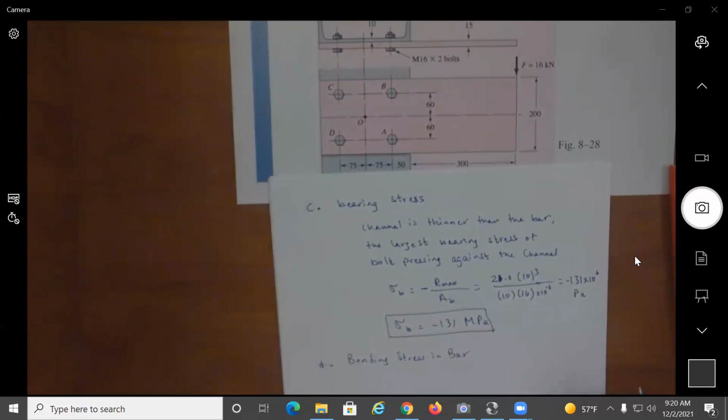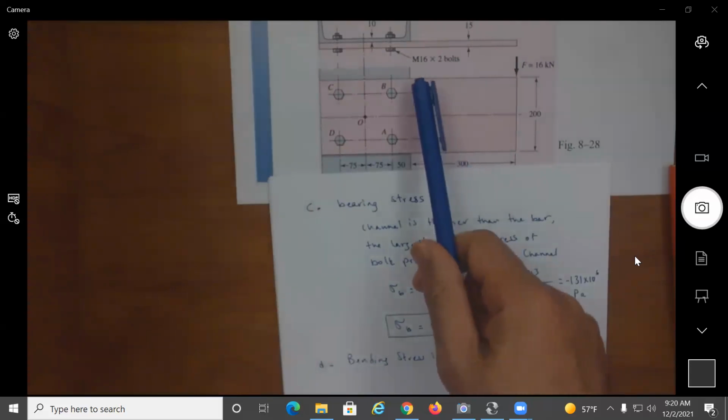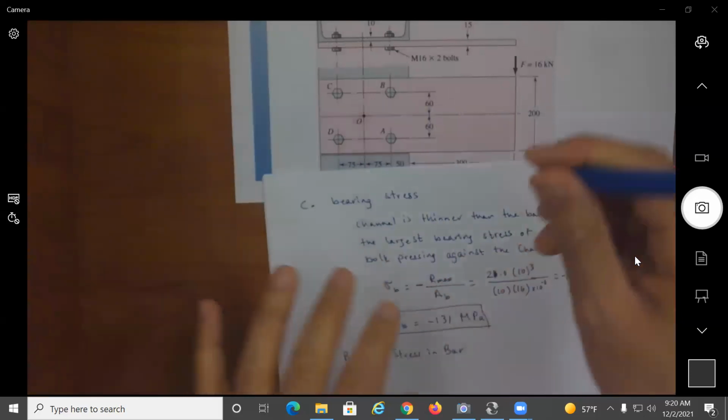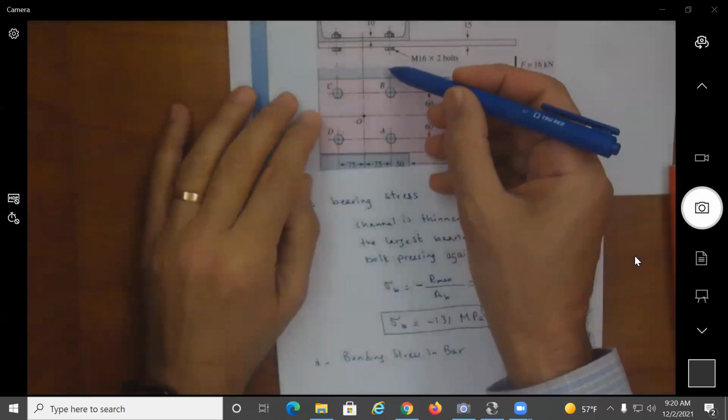Right after the bolts closest to the force. As the force is trying to get transmitted, I'm going to get a critical section here.